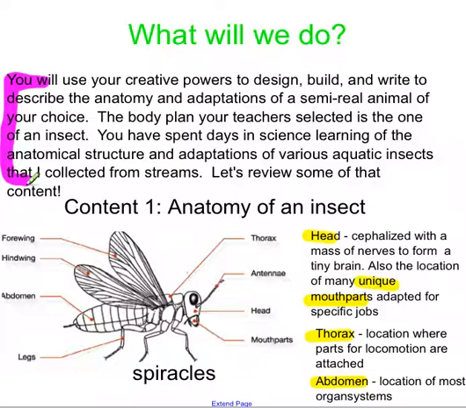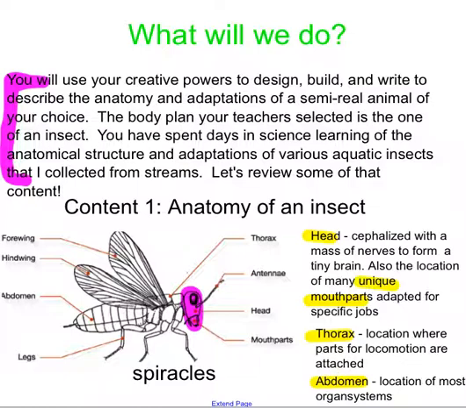As far as the body plan goes, we know that an insect has a head, and that head is cephalized, which means that it has an accumulation of nerves in one location. It's not quite a brain, but it's a group of nerves that control the body, and that's located in the head. And also on the head is that very large compound eye.